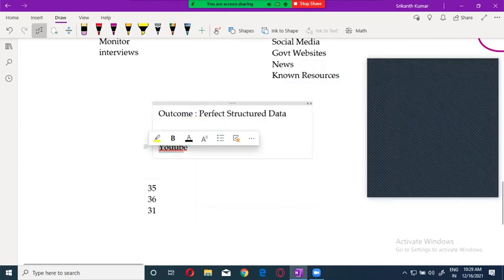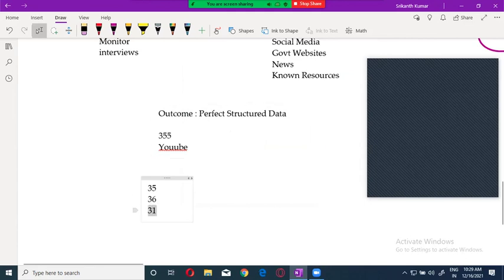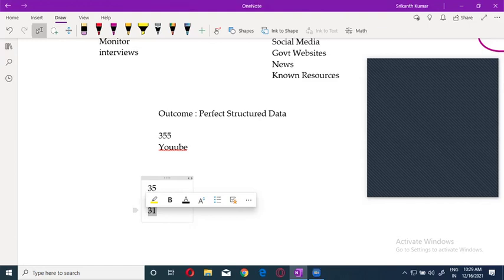Say the actual temperature is 33 degrees, and the person has entered 31. How do I go and find that? Now, 355 I can see and say that is impossible. But how do I know this is 31 degrees? It is difficult. So this is where the cleansing mechanism comes in.